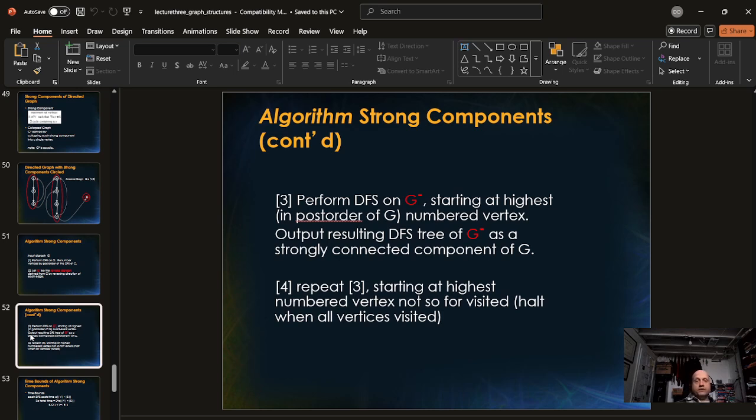Next, we perform depth first search on G star starting at the highest post order of G numbered vertex, and output the resulting depth first search tree of G star as a strongly connected component of G. Here repeat step 3, starting at the highest numbered unvisited vertex, until all vertices are visited.